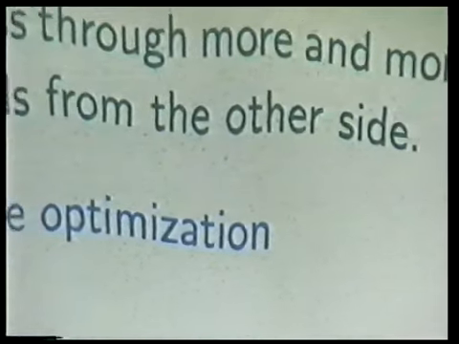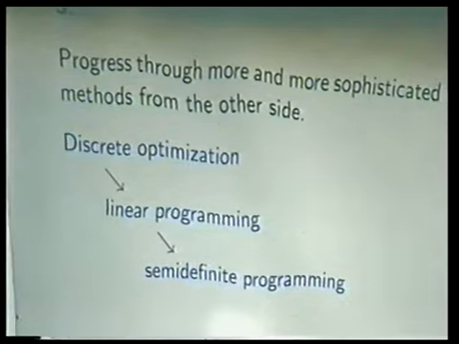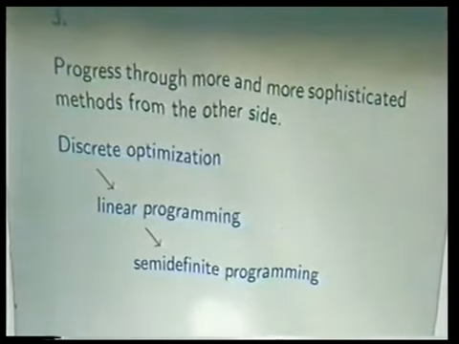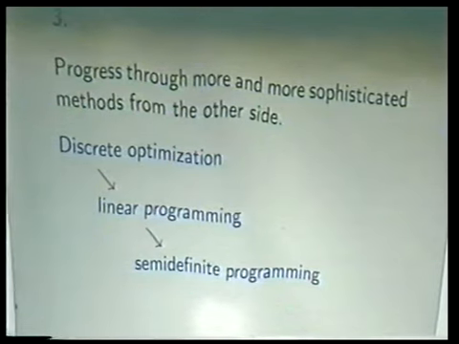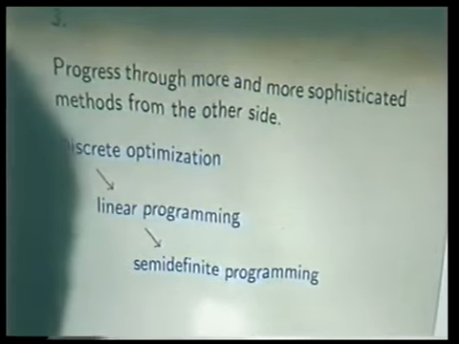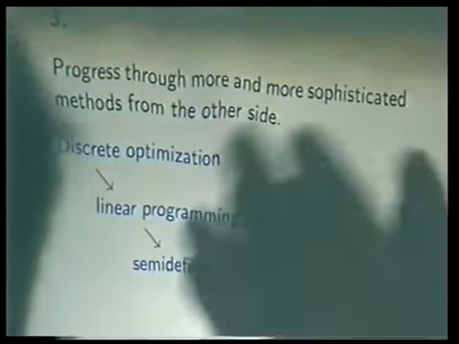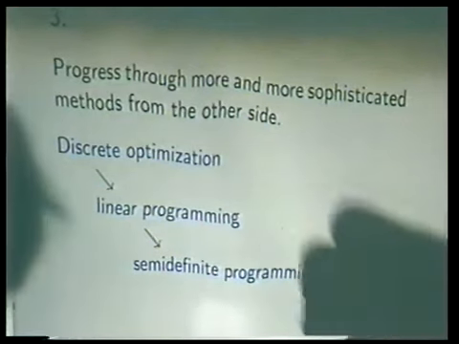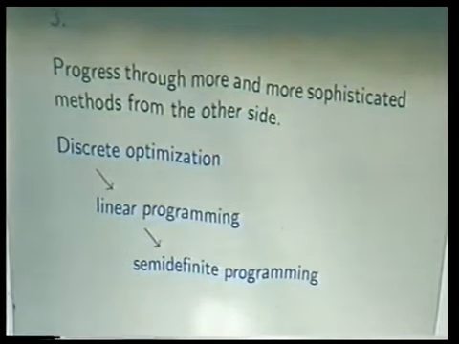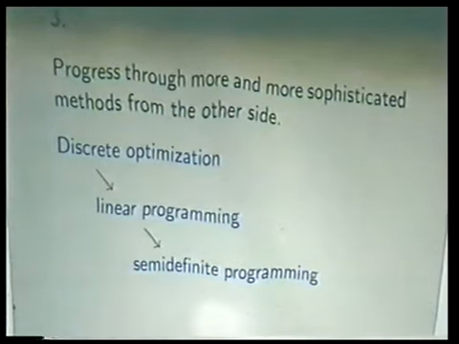You could even argue that in a large part of discrete mathematics, progress comes by trying to apply more and more involved techniques from continuous mathematics. Or at least very substantial progress comes. And I will only give a verbal description of this line, where we start with discrete optimization.